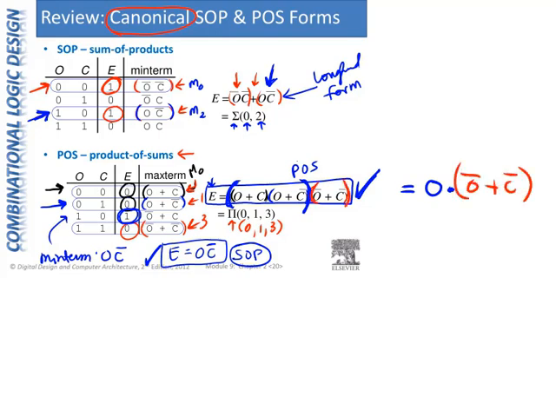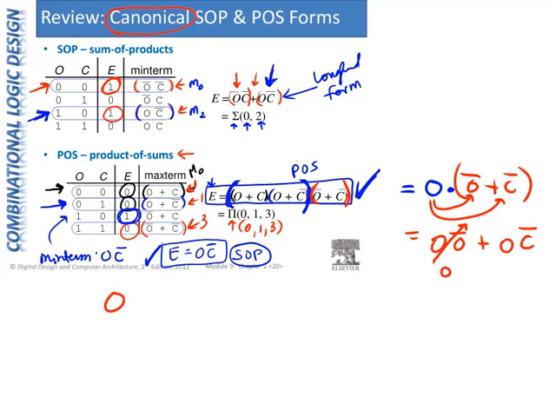And now we get O and O bar or C bar. Well, we can use distributivity to distribute that O across the and we get O and O bar, or O and C bar. O and O bar evaluates to 0.